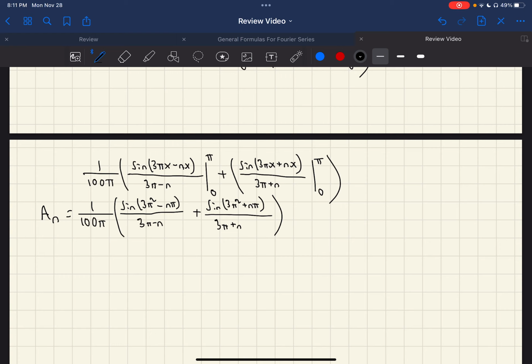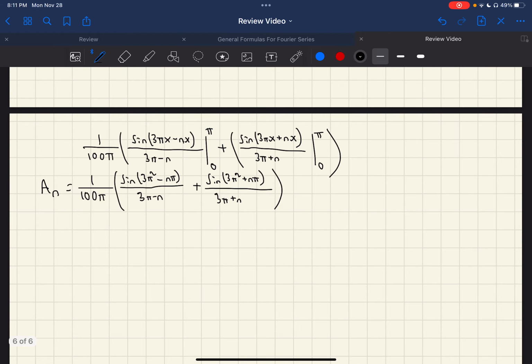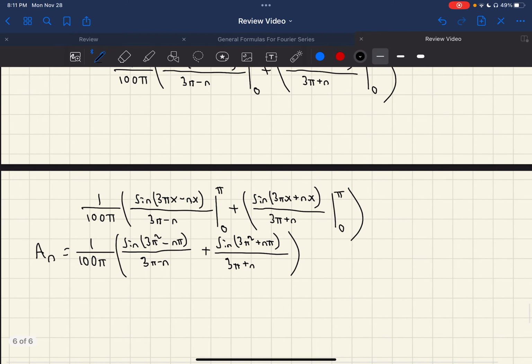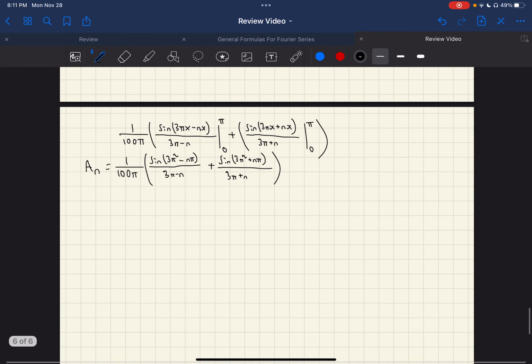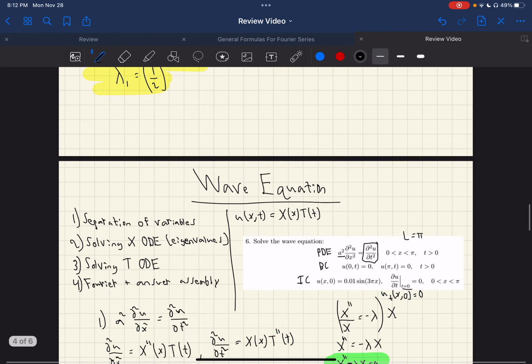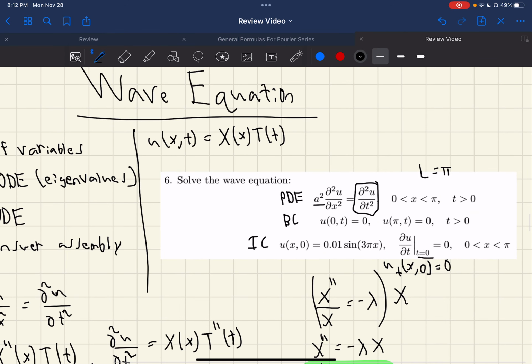But now we have to find B n. I'm not going to plug in A n yet because it just makes it harder to read and it doesn't help us at all. So we have to look at our second condition. Our second condition is that the partial derivative with respect to t, our initial velocity, is 0.